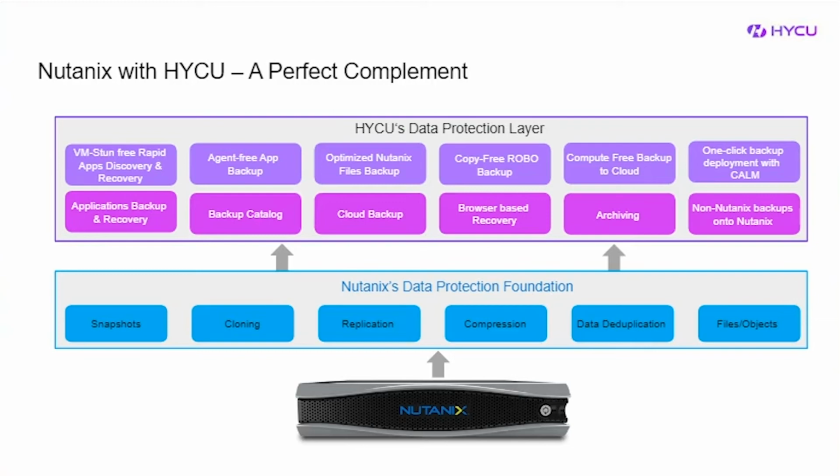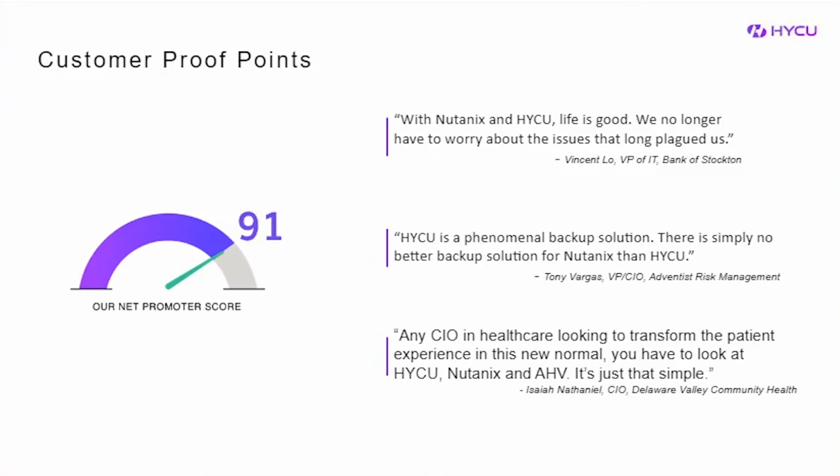The second thing is around simplifying your entire management. What Haiku has done is taken our entire data protection and integrated it into the Prism console itself. So for a customer, it's a single pane of glass. They eliminated their IT infrastructure silo before with Nutanix. Now they can eliminate the data protection silo with Haiku and Nutanix. So you are simplifying your infrastructure further.